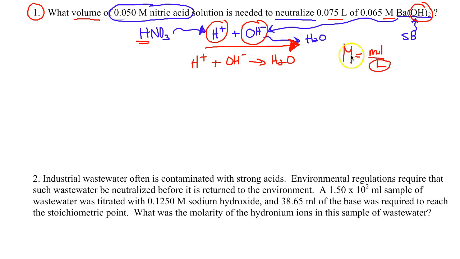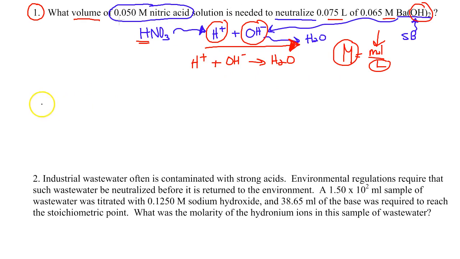Well, you have your liter, you have your molarity, you can solve for the moles of the barium hydroxide. Notice there's 2 hydroxides per one of these, so you should be able to figure out what you have to do there. And once you have the hydroxides, that's a 1-to-1 ratio, you've got the moles of nitric acid. So I'm going to use dimensional analysis to do this, but you could certainly break it down into steps. So let's be crazy and get started.